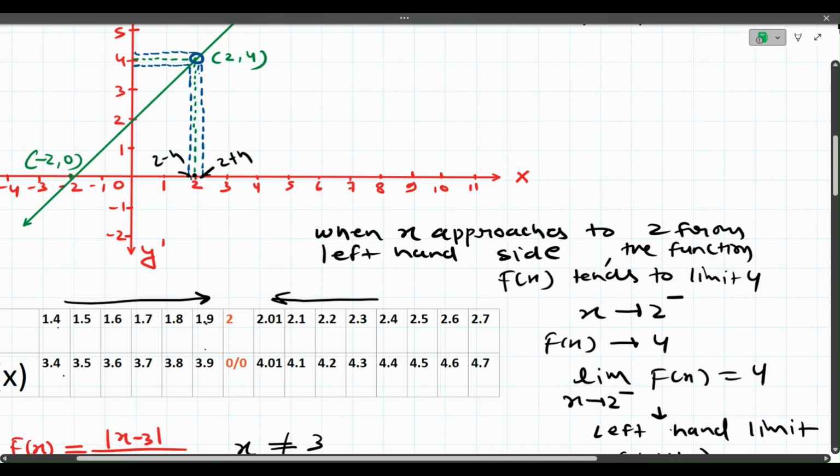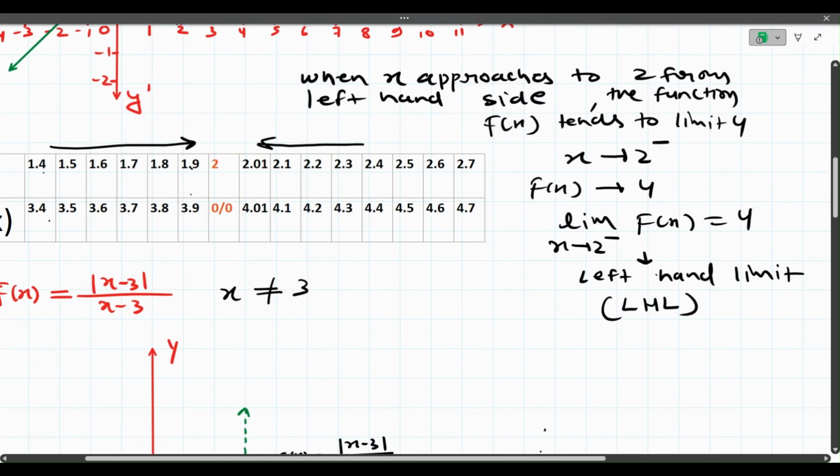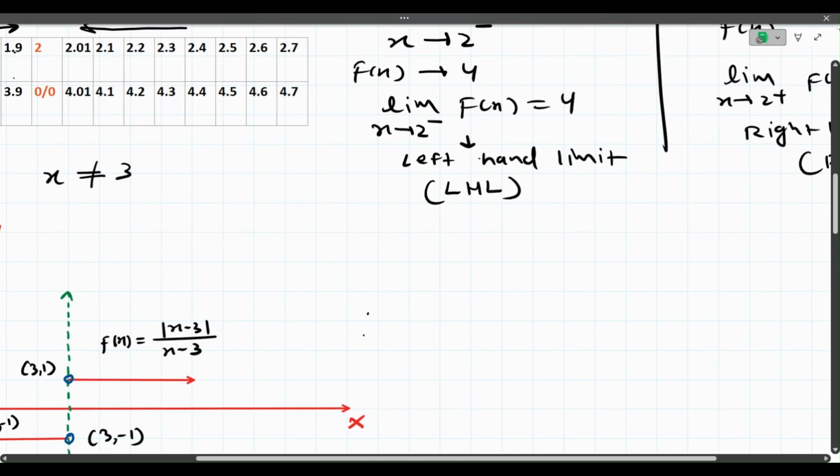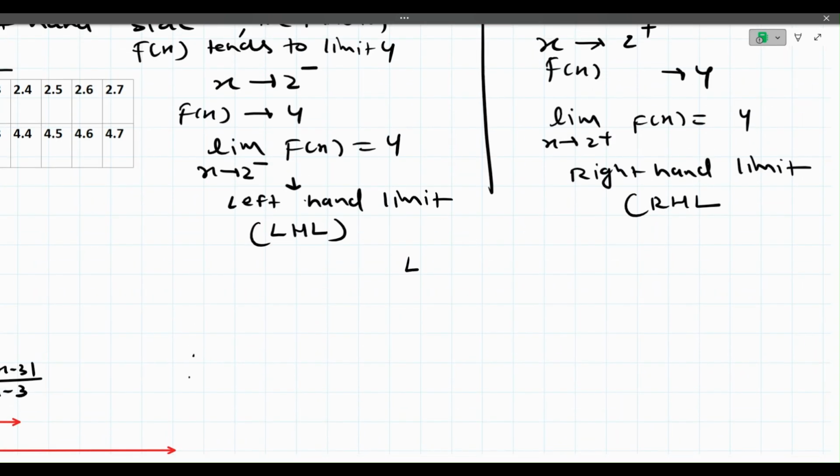In this particular case, when we approach from the left side and the right side, f of x tends to the limit 4. So we can say that the left hand limit is equal to the right hand limit.